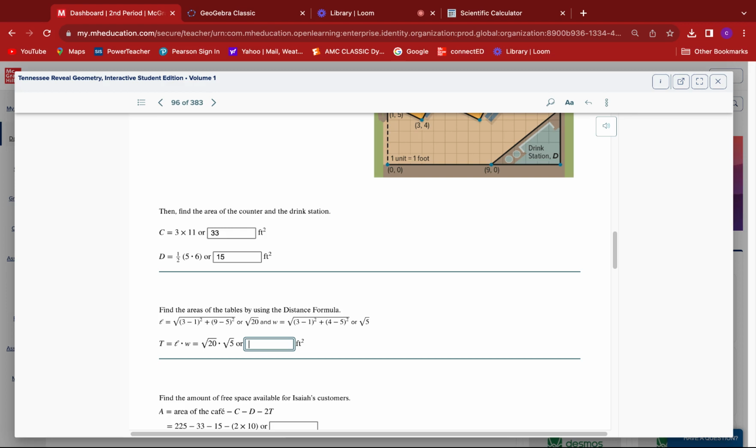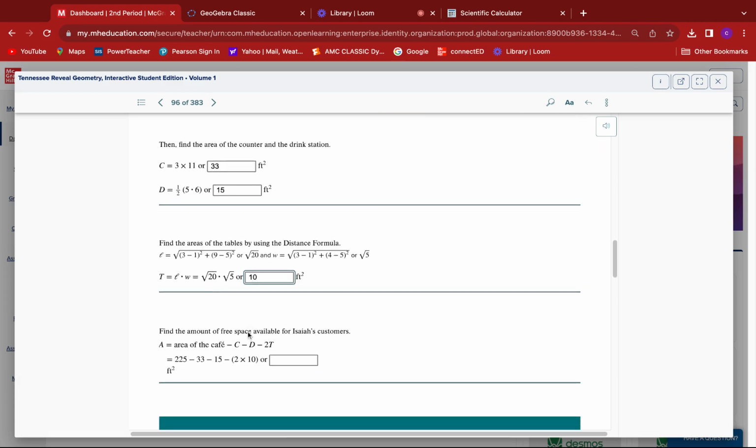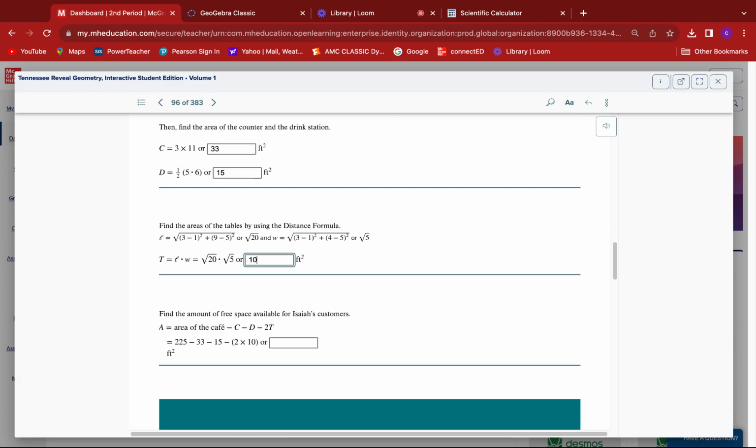You're going to end up with a 10, because a square root and a square, remember, cancel each other out. So really, it's just 20 times 5, and then you multiply times a half, or take half of that. That's going to be a 10. I think I said that wrong, my apologies. The square root of 100 is 10.